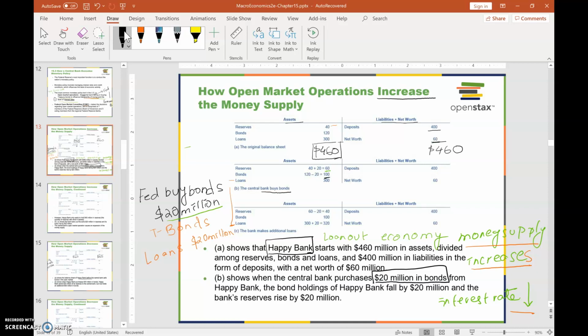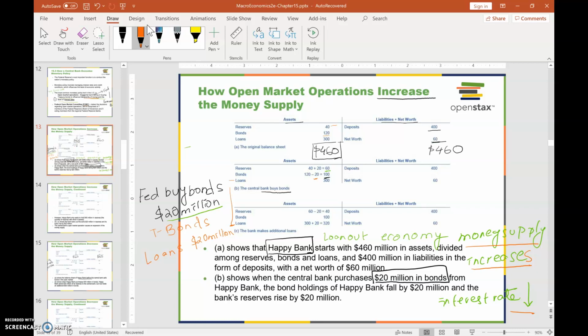Then the Fed comes in and decides to buy bonds from the commercial banks. So the Fed decides to buy $20 million in bonds. So you can subtract 20 from the initial 120 and we end up with $100 million of bonds.